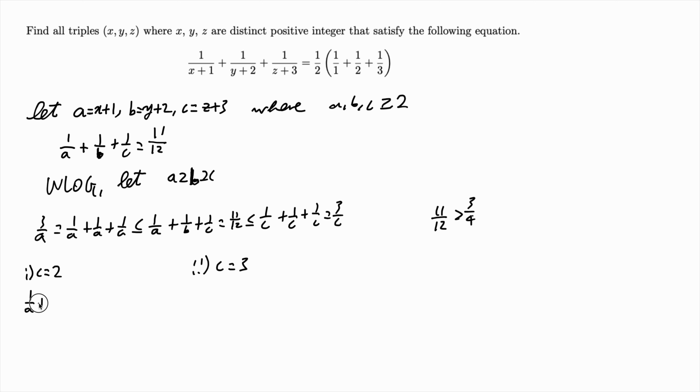So we have 5 over 12, 1 over a plus 1 over b equals 7 over 12. Now we just need to solve for a and b.